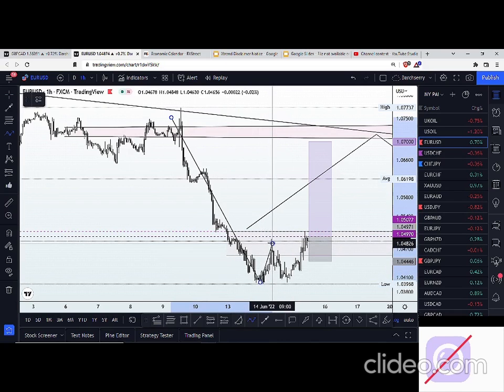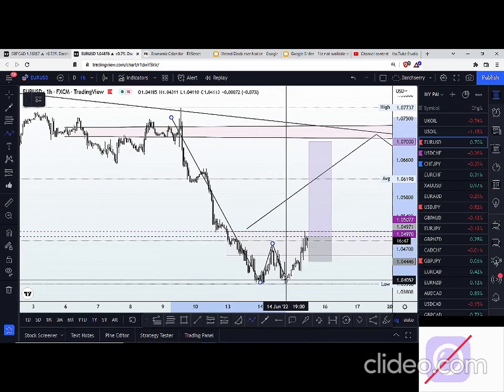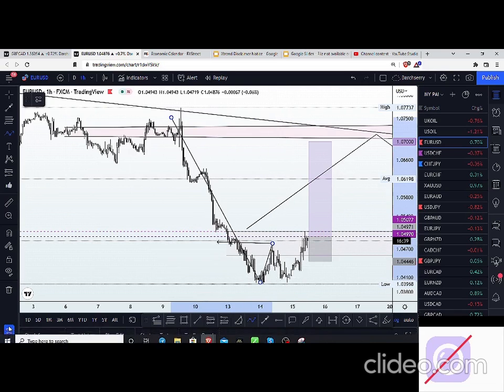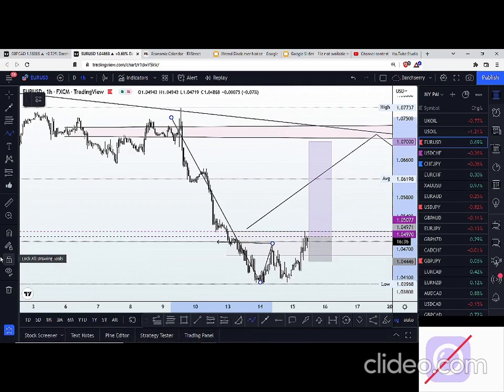Price rejected that area and came back up. Then we saw a second rejection close to that area, which gives us something that looks more like a double bottom structure. And we all understand that when we identify a double bottom structure on our chart, then definitely we want to be thinking of a reversal pattern.